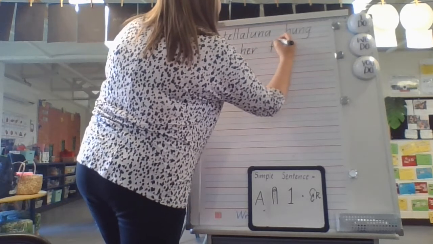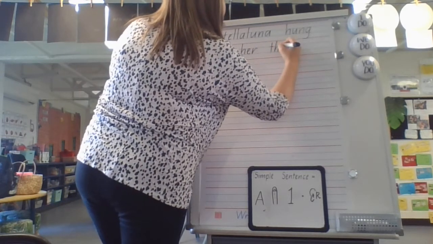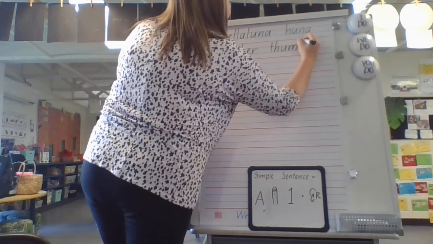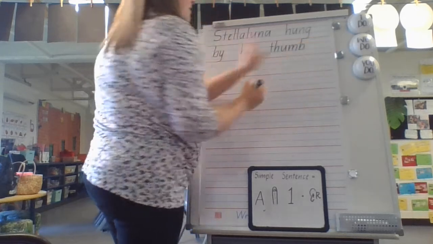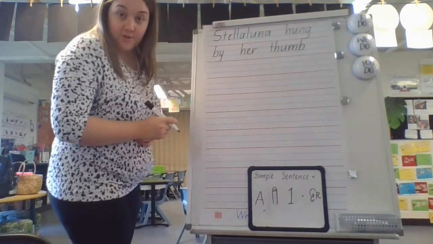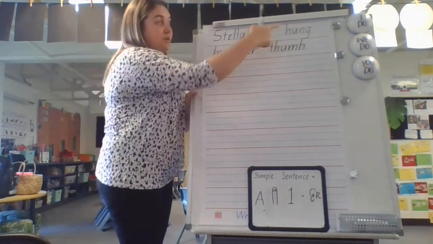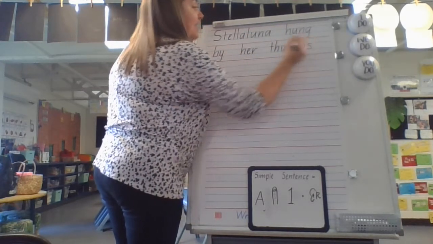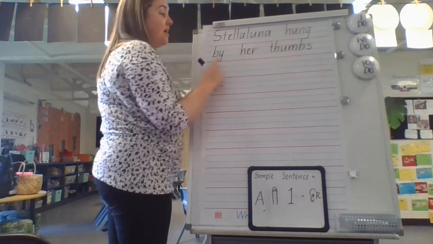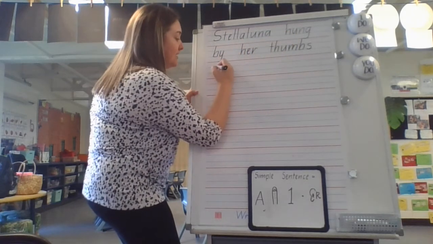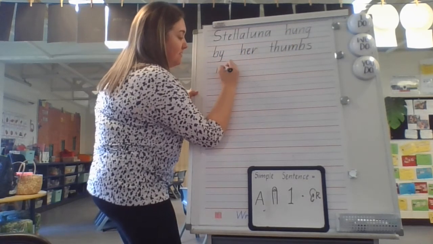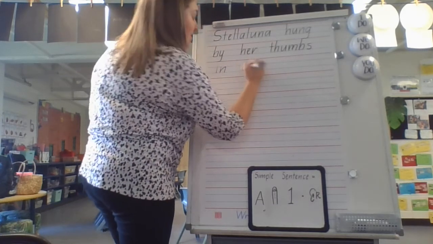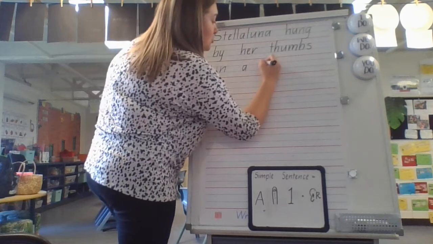Thumb. Again, run out of room. I'm going to go to the next line. Stellaluna hung by her. I'm going to actually add an S to make that thumbs. So Stellaluna hung by her thumbs in, finger space, a, finger space, tree.